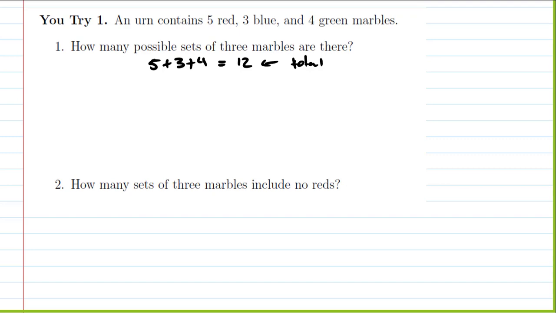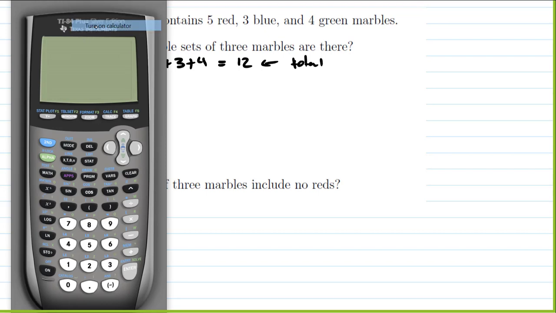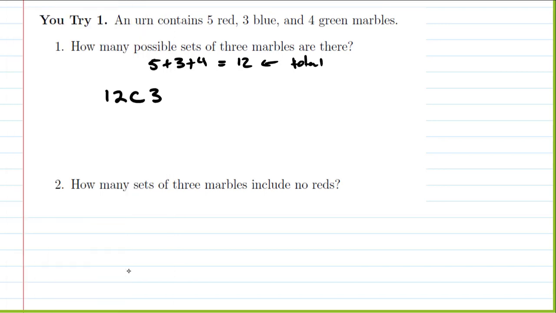So then out of our 12 choices, we want to choose 3. So then 12 choose 3 is going to give us 220 sets of 3 marbles. Okay.